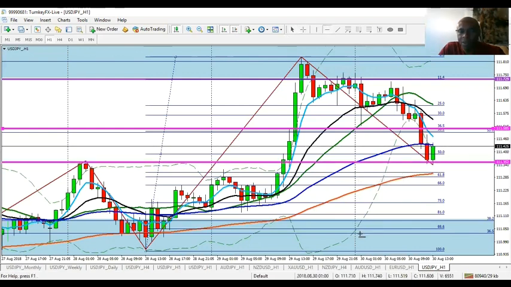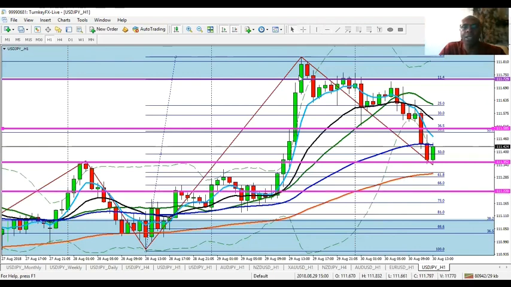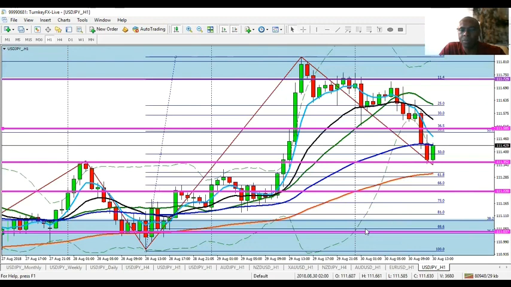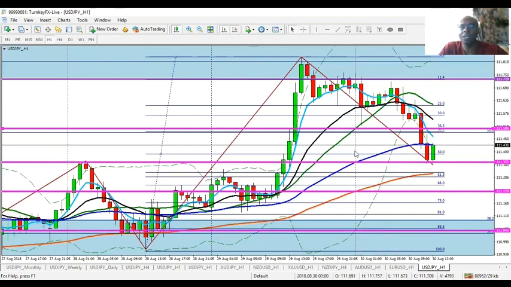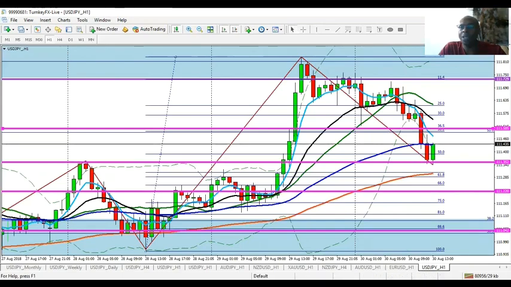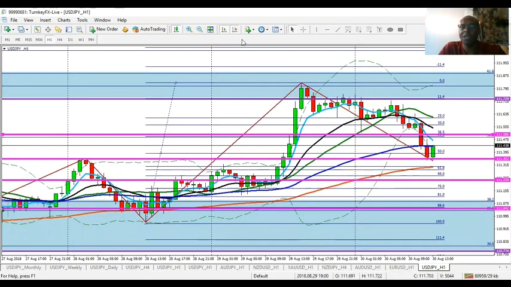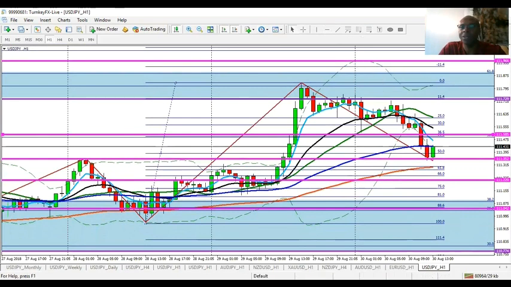Another one here at the 100. Another one at the lower Bollinger Band. Go a bit higher, roughly about there. And if we shrink this down a bit, we'll see another one up top here, the higher Bollinger Band.